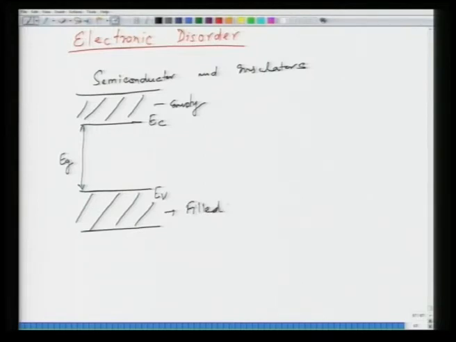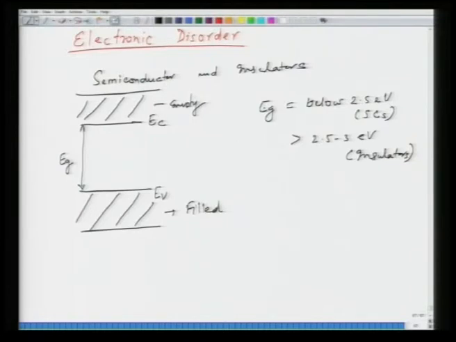Okay. So, any conduction which has to take place in these materials has a particular band gap. So, this value of Eg would typically be below 2.5 electron volt for semiconductors and greater than 2.5 electron volt for insulators.